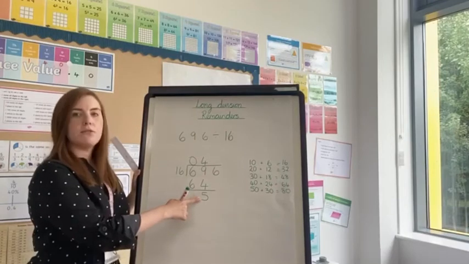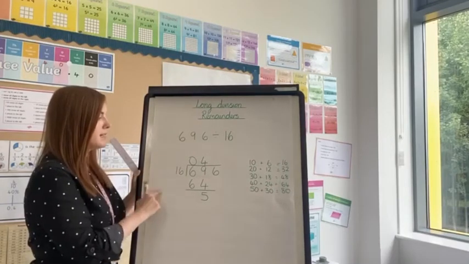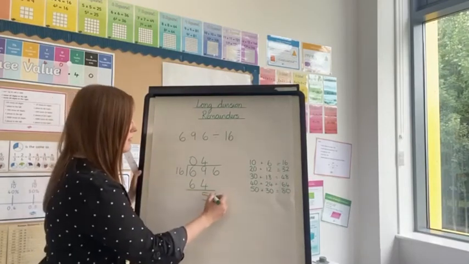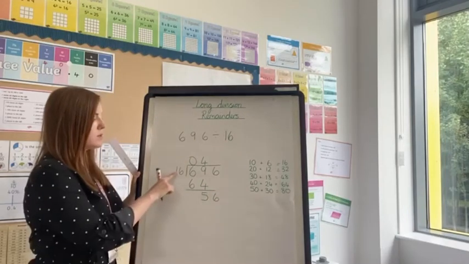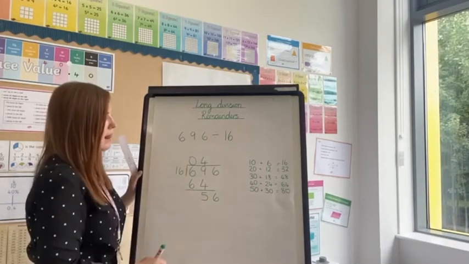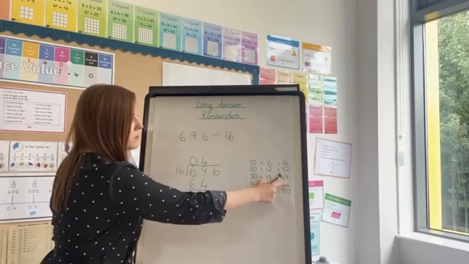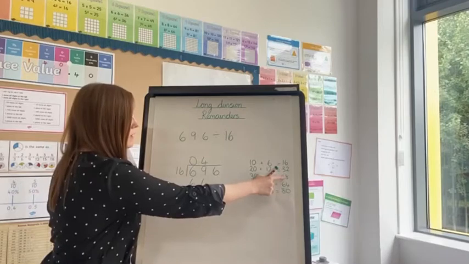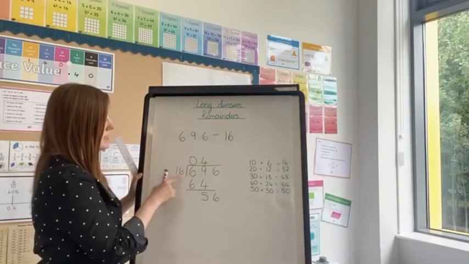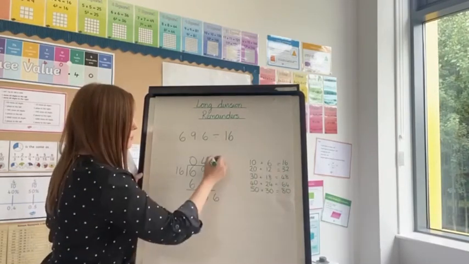16 doesn't go into 5 because 5 is smaller than 16, so I bring down my 6. How many times does 16 go into 56? Let's have a look. 16 is too small, 32 is too small, 48 maybe, 64 is too big, so it must be 48. 16 goes into 56 3 times.